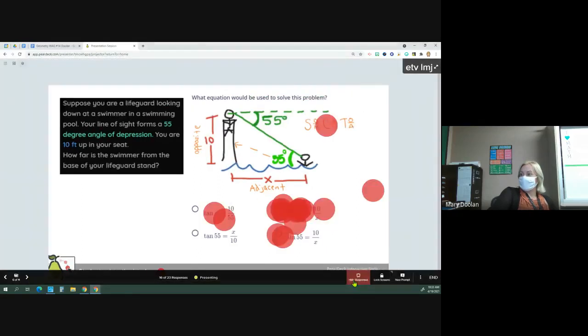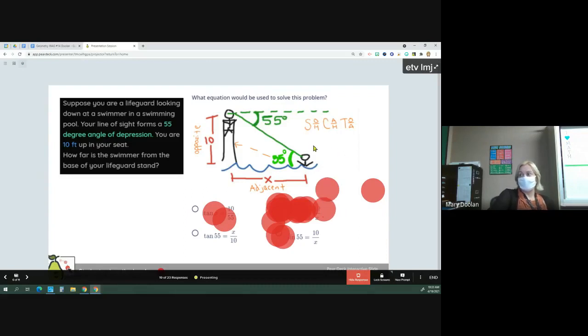Okay, let's see what you guys are coming up with. There's a couple on this one, a couple here, none on this one, and then the rest of us are here. So if we look at this right triangle that's created, the hypotenuse is this green line. This green line's distance is not given, and it is not needed. So we wouldn't be using a trigonometric function that includes the hypotenuse. So it's definitely not the sine option.